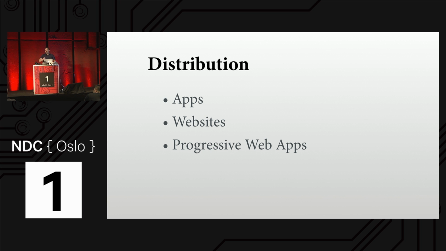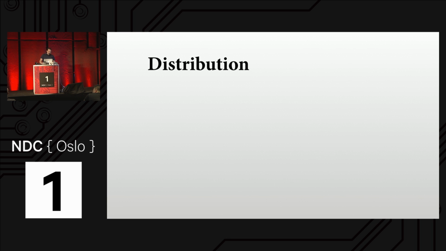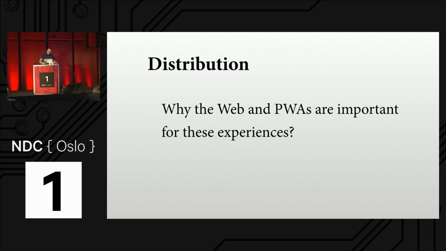Okay, so a progressive web app quickly is just a website that can be upgraded, using progressive enhancement techniques and new APIs, to work like a native app. So basically, it can be a website, but if the user wants to install that and have an offline experience, then the user can do that, right, using these new technologies. So again, why the web and progressive web apps are important for these experiences?